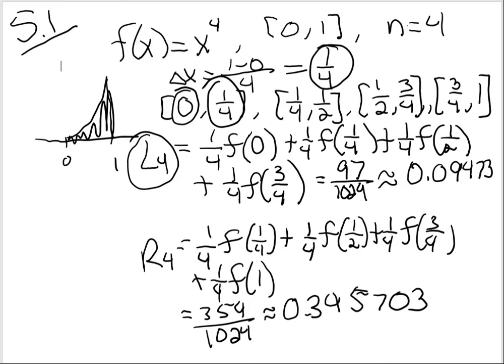Okay, so that's the left and right endpoints. I will say neither of these are particularly close to the true area. That is going to be 0.2. So you might think, is there another method we could do that might be closer, still using only 4 rectangles?